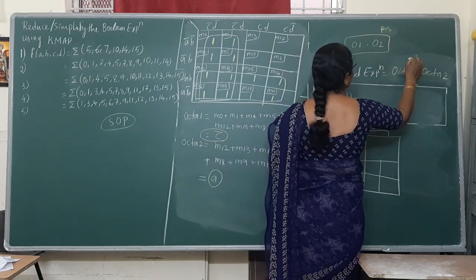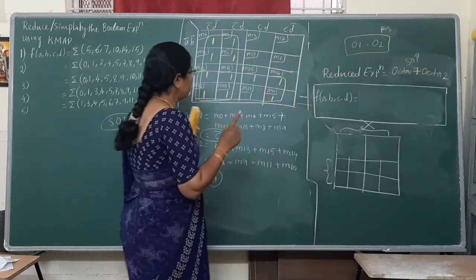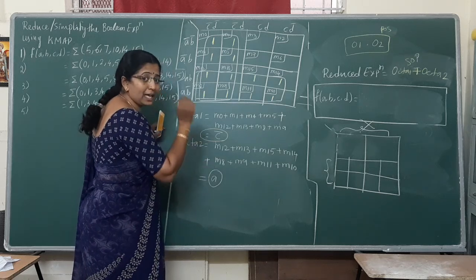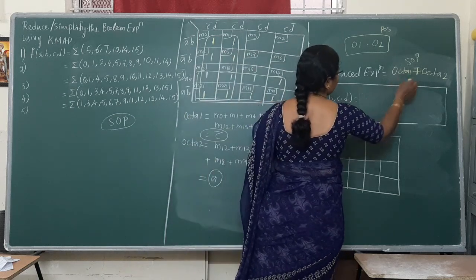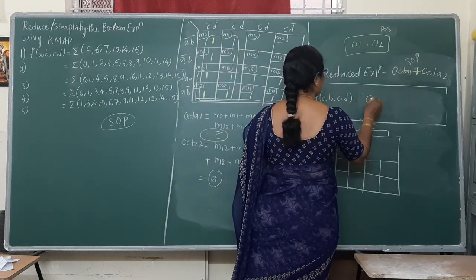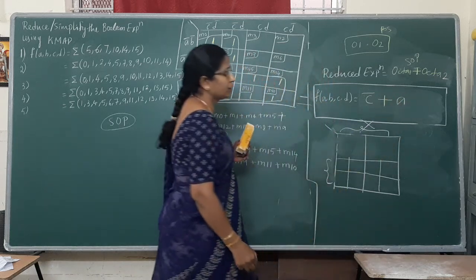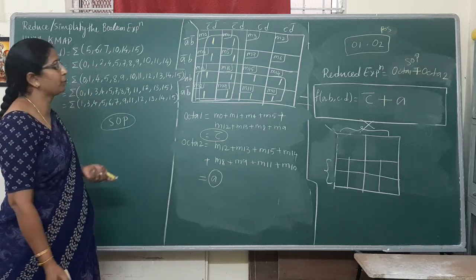You need to write in the SOP format with a plus. Each term contains only a single variable. These two variables are added, that is your octa 1 plus octa 2. Octa 1 is C complement plus A octa 2. That is your reduced expression for the third problem.